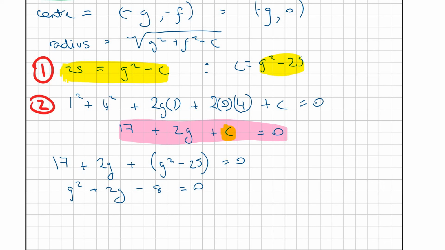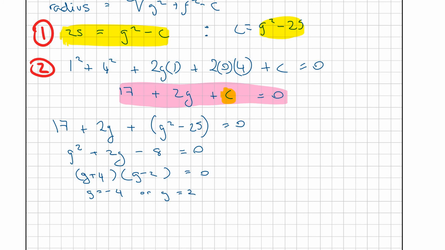And if I solve for g there, g plus 4, g minus 2 equals 0. g equals minus 4 or g equals 2. And they're going to lead to my two circles. So now I can substitute that value of g into this equation for both of them.